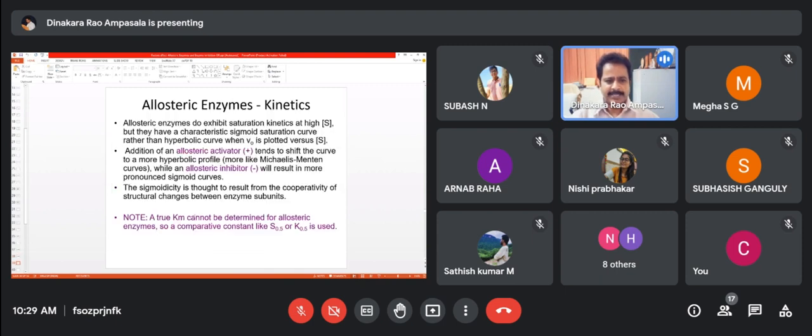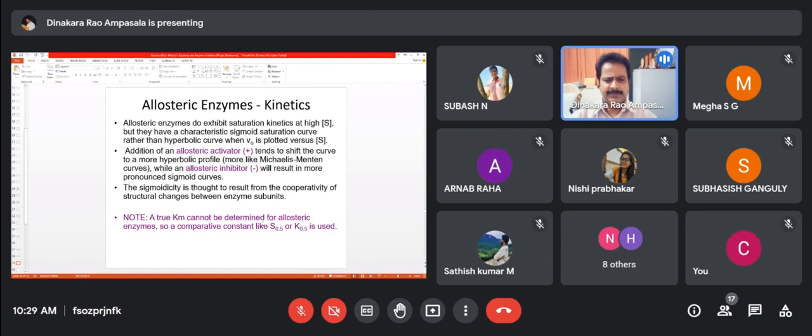Molecules that enhance activity by binding are called allosteric activators, or allosteric positive regulators, and those that reduce activity are called allosteric inhibitors or negative regulators.